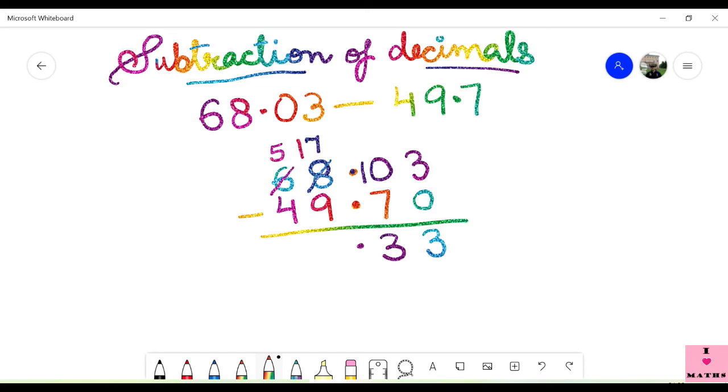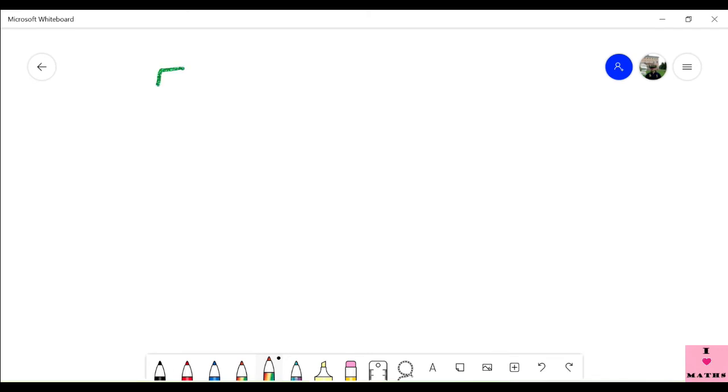This becomes 17. 17 minus 9 is 8. And 5 minus 4 is 1. So you can see children, it is just like normal borrowing and normal subtraction which we have been doing. And the answer is 18.33. Let us take another example.